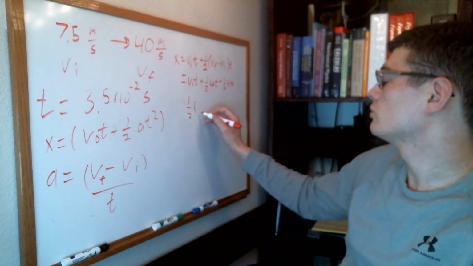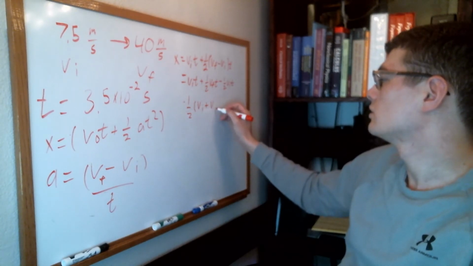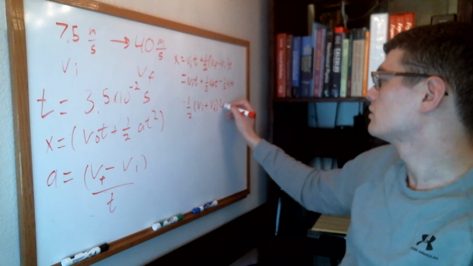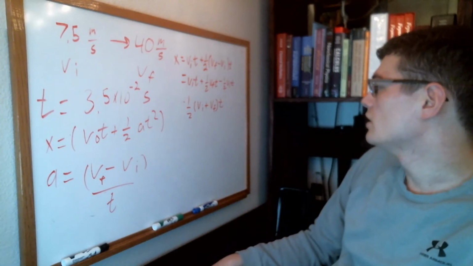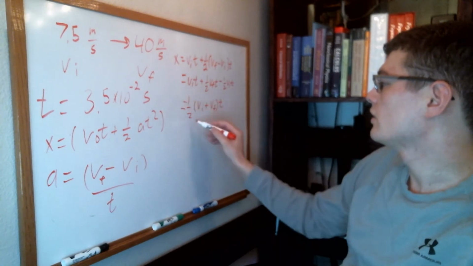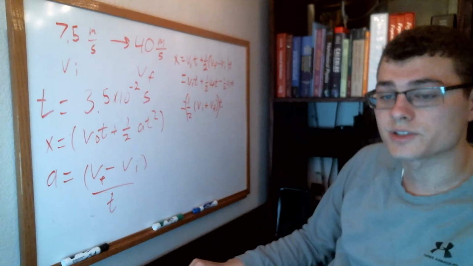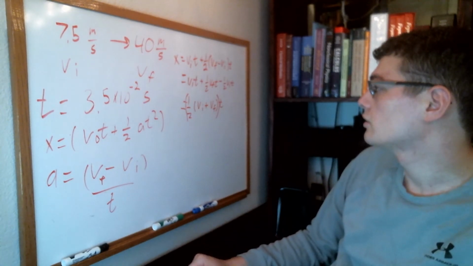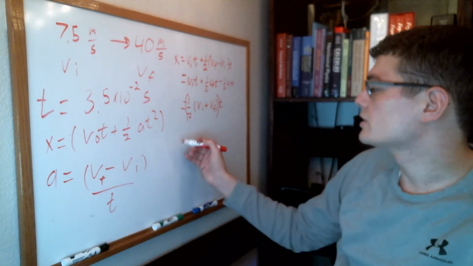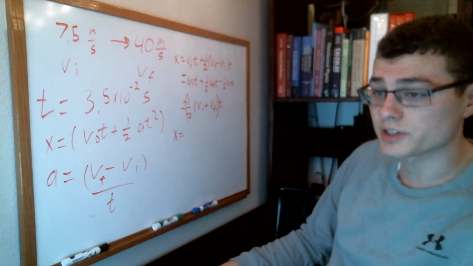So we're going to have 1/2 times vi plus vf, times t. Now you can see here that this quantity is just the average velocity of our puck.